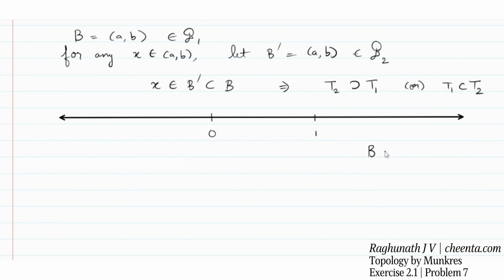Let's say B is considered to be 0 to 1 minus K, which means you just drop these elements 1 by 2, 1 by 4, 1 by 3, and then 1 by 5 and so on in capital B. So this is a basis element of the T2 topology.